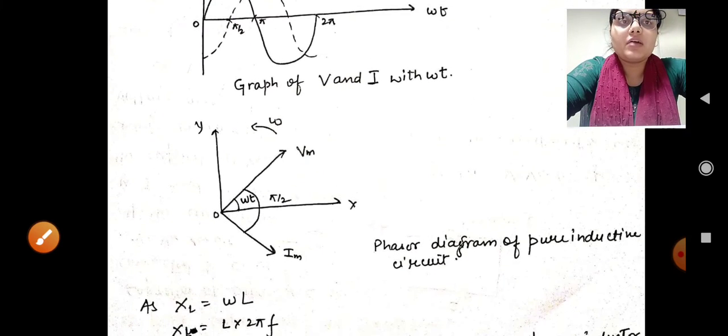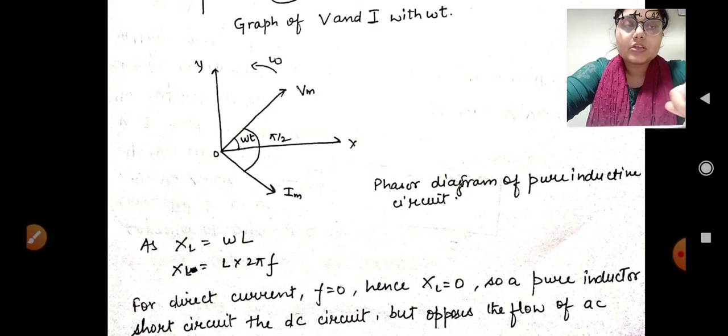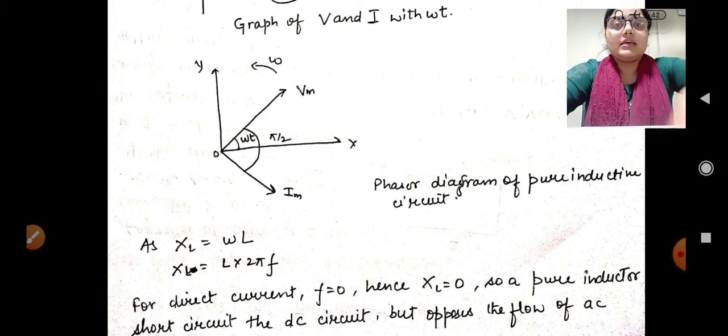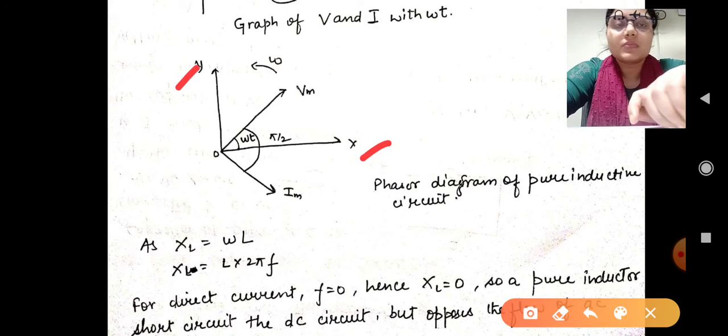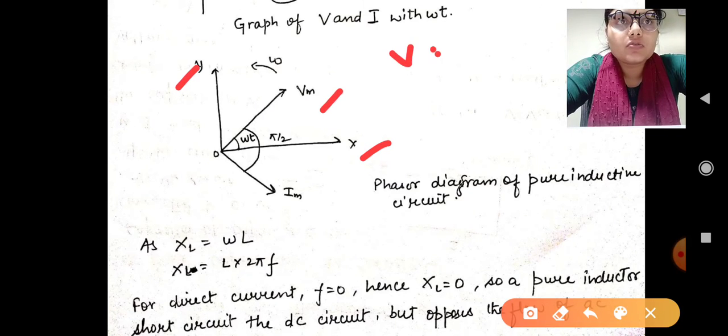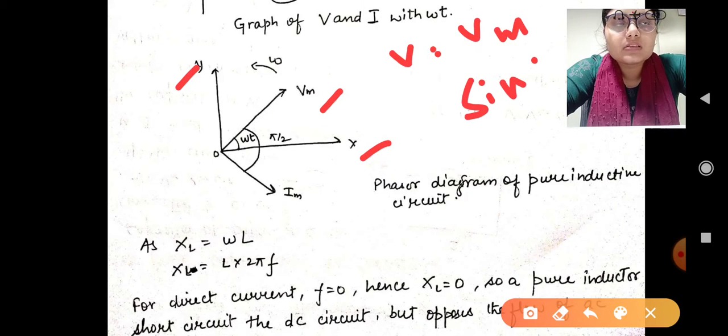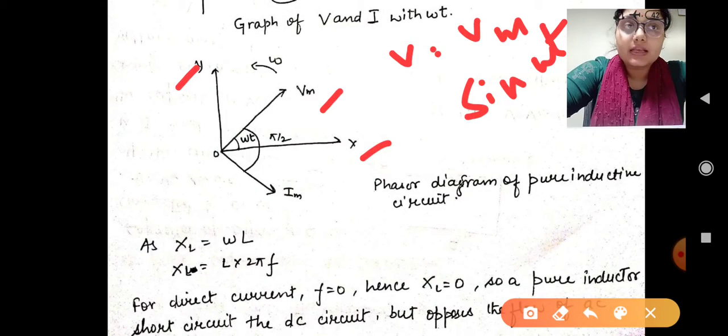Now when we are moving towards the phasor diagram, the phasor diagram of the pure inductive AC circuit is like this. We are plotting between x and y. The Vm is making the angle omega t, because V is equal to Vm sin omega t. So from the x axis it is making the angle omega t.